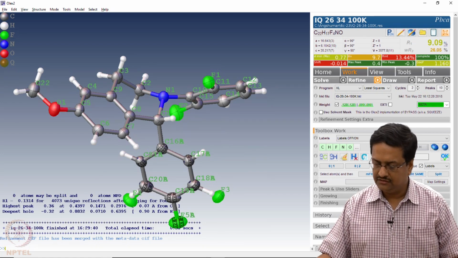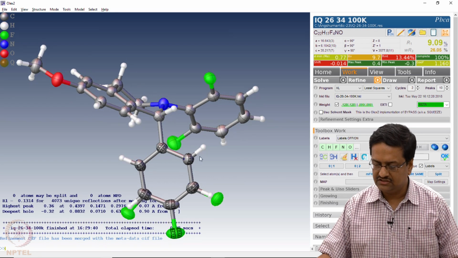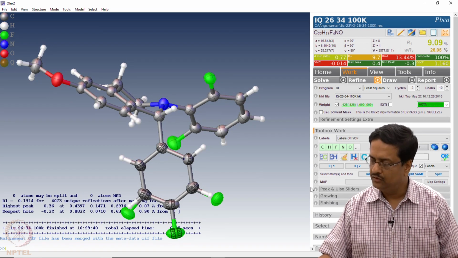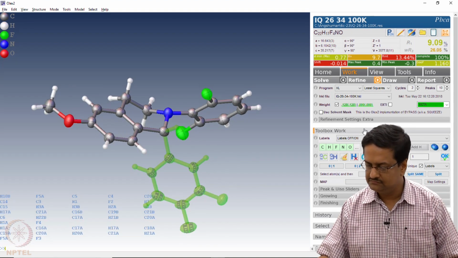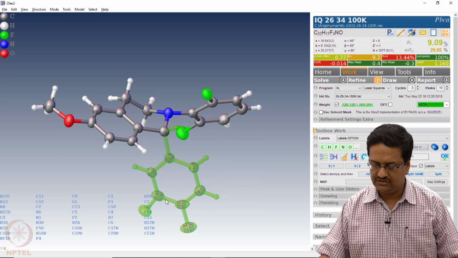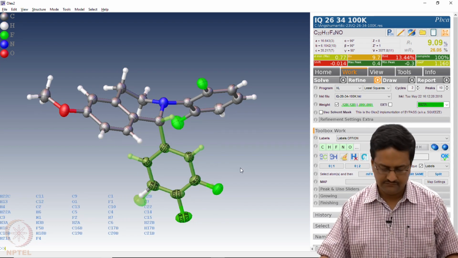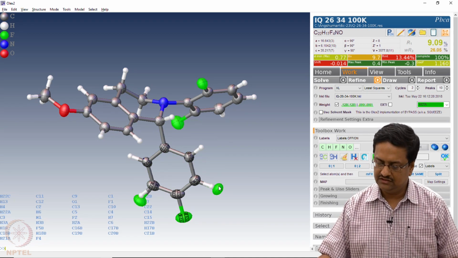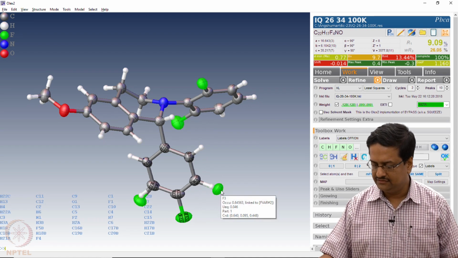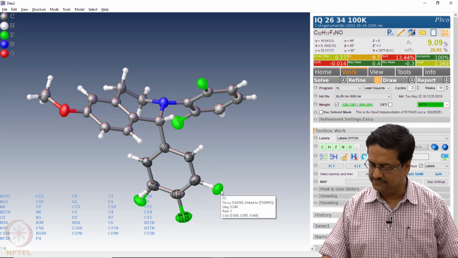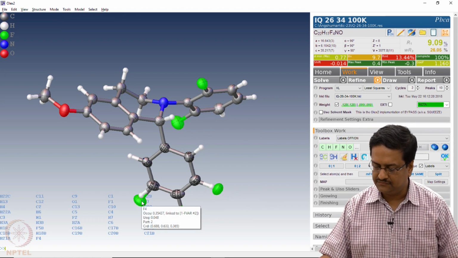Now look at the part of the molecule here which is now disorder treated. We have part 1 which looks like that, part 2 which looks like this. So all the parts, if we show, it looks like that, which means this particular fluorine is on the right hand side and has occupancy of 64% and this has occupancy of about 35%.